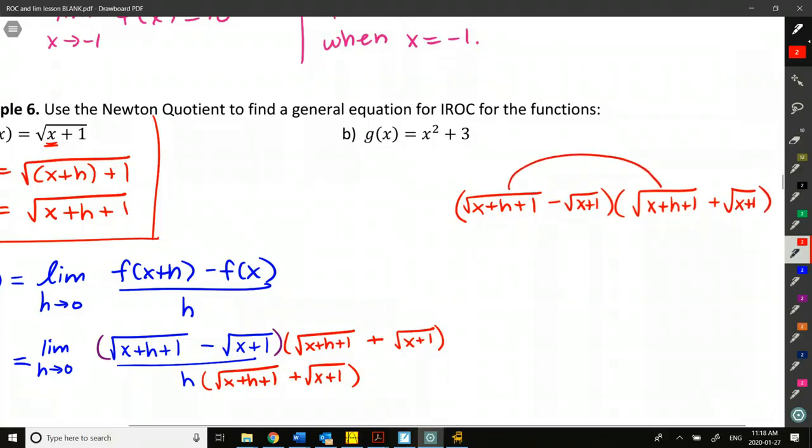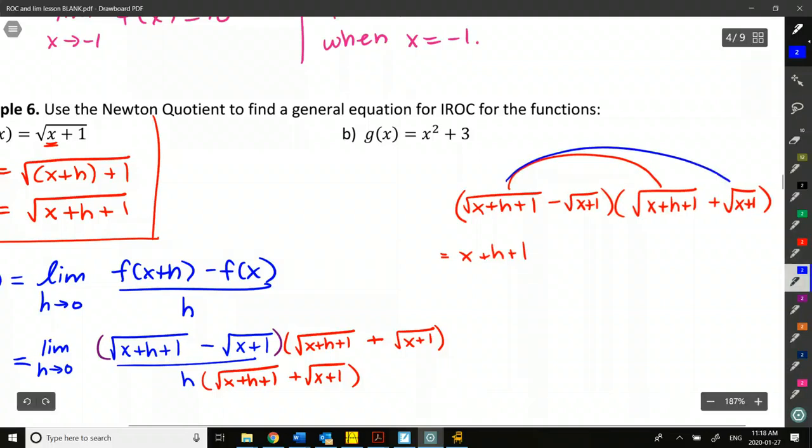So this times itself is that thing squared. So what I get is just what's left underneath the root. I just get x plus h plus 1. Okay, same thing times itself. A root squared, the root and squared cancel. Then outsides, I'm going to get root x plus 1 times root x plus h plus 1.